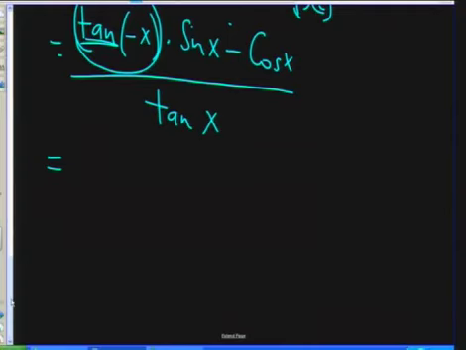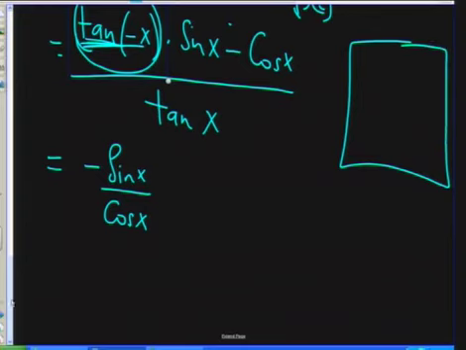So we're going to change this now to negative sine x over cos x. The reason why I put the negative out is because there's a relationship that says tan negative x is equal to negative tan x. So that relationship is always there. So I've taken the negative out. That's why it's there.